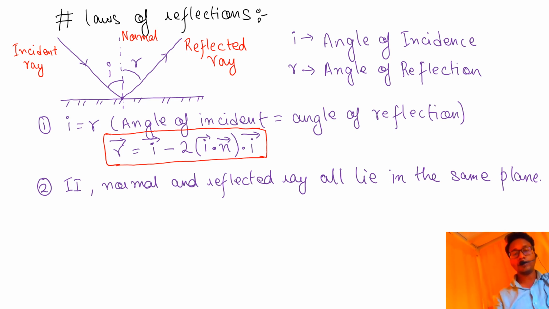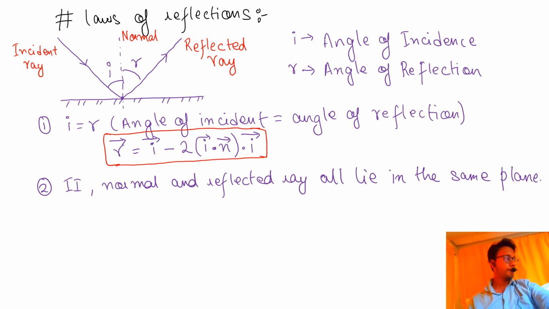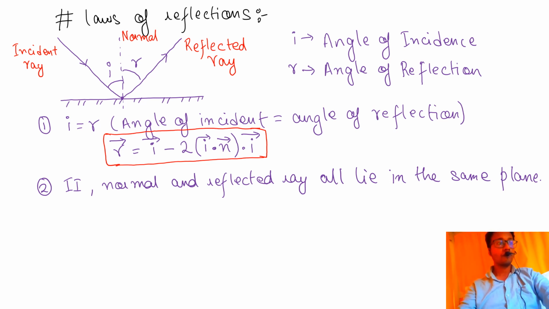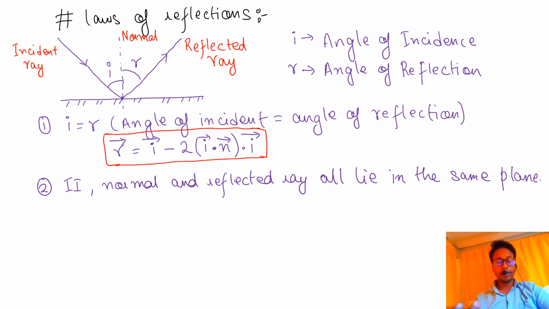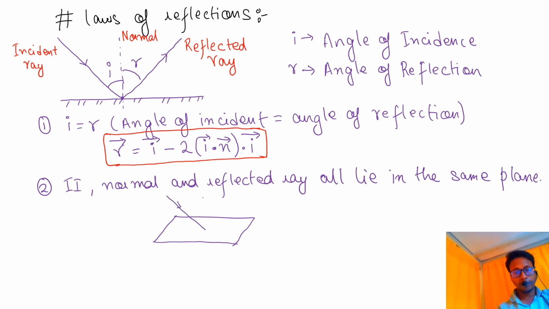What is the meaning of this? I'm drawing the diagram. Suppose this was our plane. This was our incident ray, this was our normal, and this was our reflected ray.